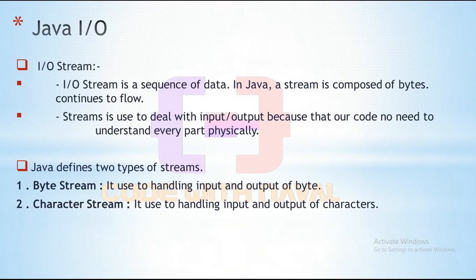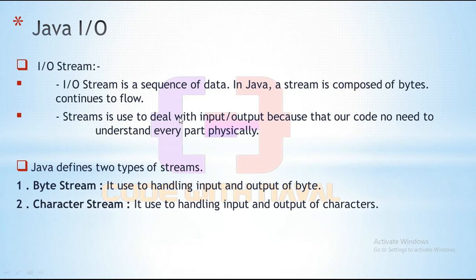Okay, then we have input-output stream, which is a sequence of data. In Java, a stream is composed of bytes continuously flowing. We simply compose that data in bytes, and then we use an input stream, and for output we use an output stream, for performing some operation.